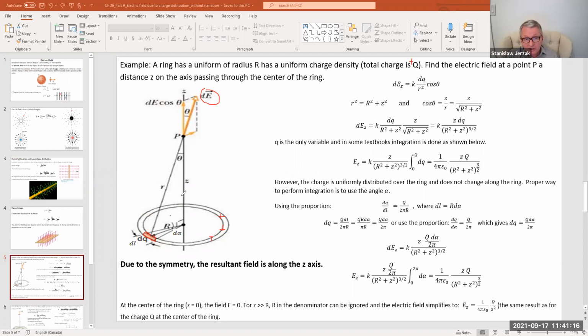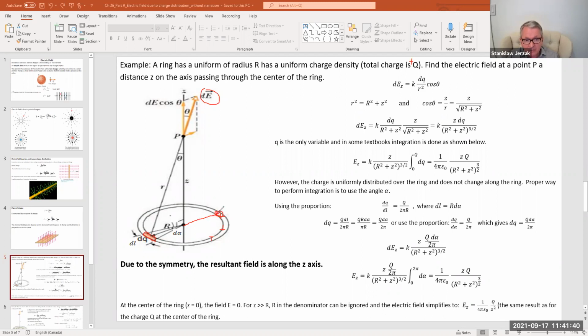Now, it should be very clear that the total electric field due to the entire ring will be along the Z axis. Why? Because for every element of the ring, let's say on this side, I can find a symmetrically located element on the opposite side of the ring.